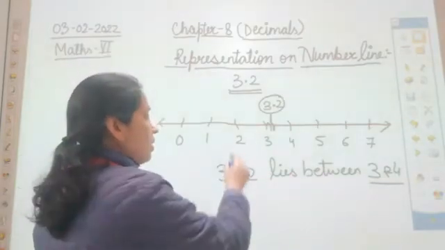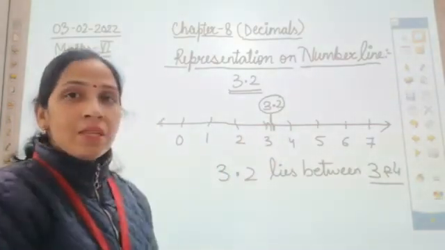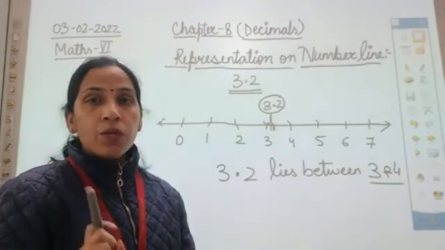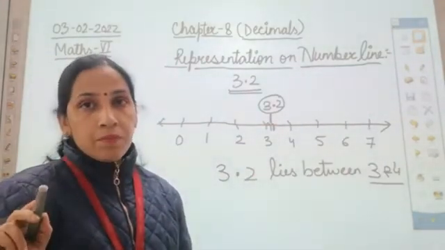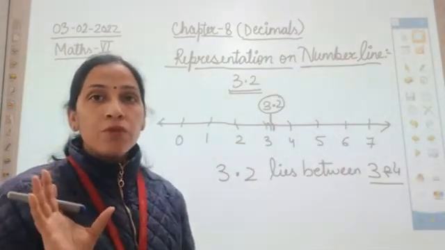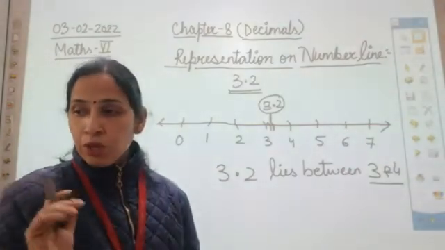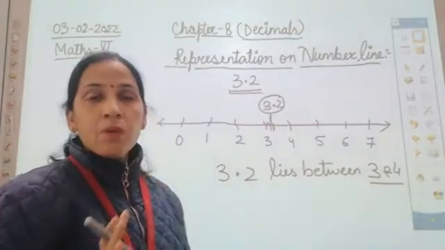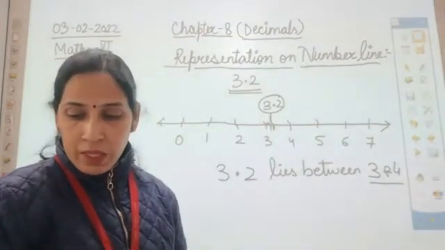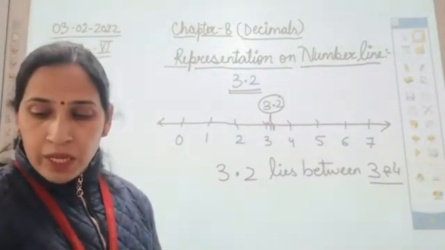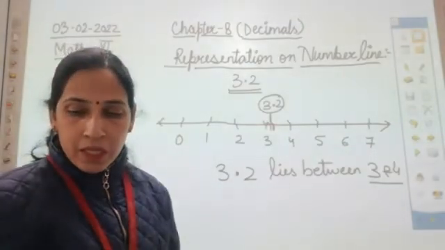Then you count on the number line, using the same scale you use in your geometry box to represent it. Fine. So tenths and hundredths you can represent it.